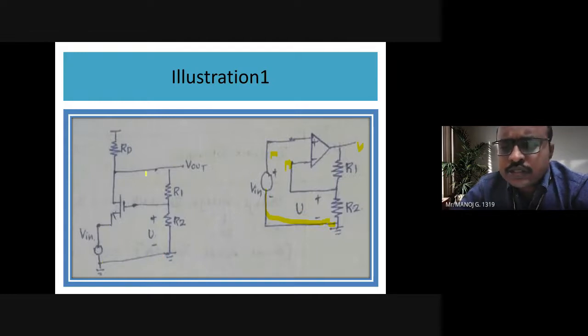So is this clear for everybody? The input is V in, the output is V out, and the feedback is given. So this is a voltage feedback amplifier, right? Is that okay for everybody?